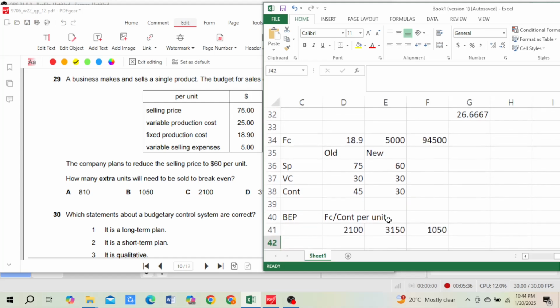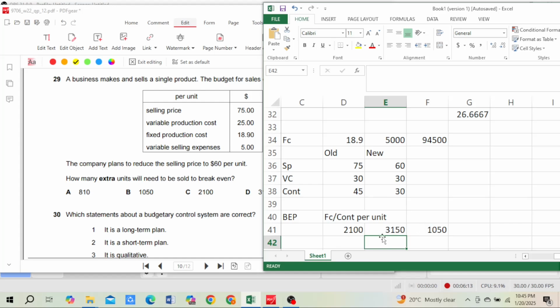So 94,500 divided by the contribution per unit of 45 comes to 2,100. And with the new contribution of 30, the new break-even point is 3,150.